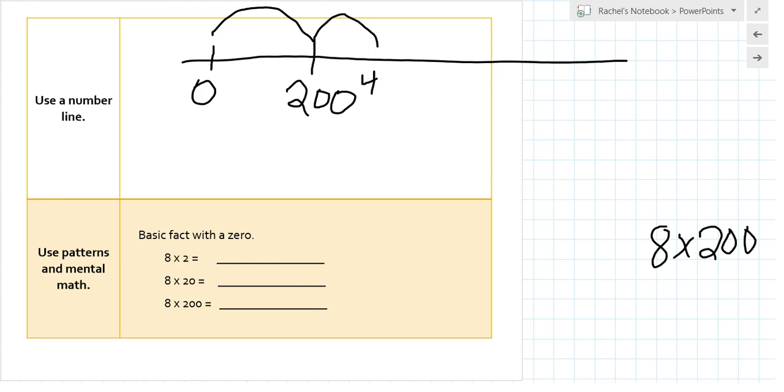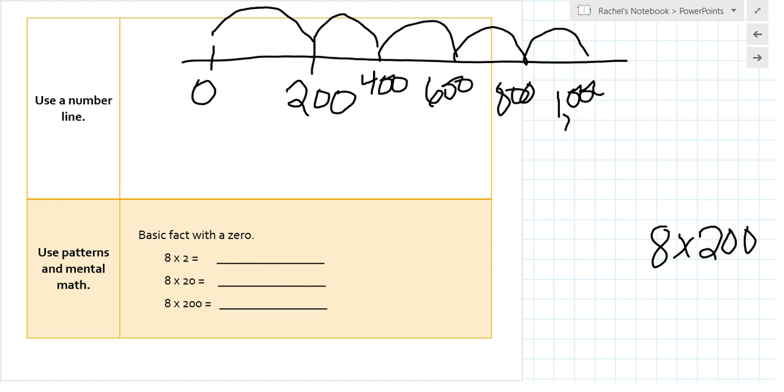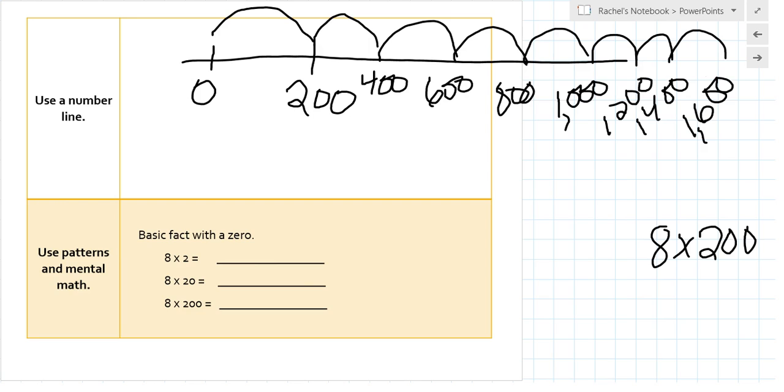To get to the next one, we'd count 400, 600, 800, and we continue going until we've made a total of 8 jumps. And then we would think, where does that get us? A total of 1,600 seats on the train.